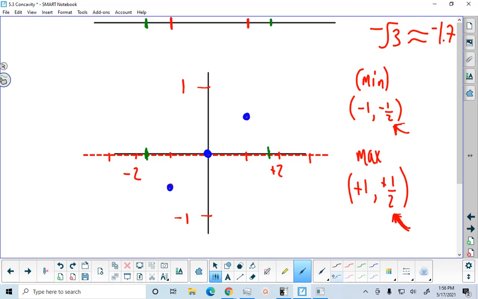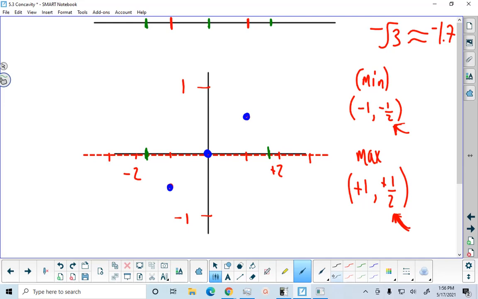And there's another critical number for the second derivative at 0. So what I've got at the top in green are my locations horizontally of my second derivative's critical numbers, and what I have in red are my locations of my critical numbers for my first derivative.